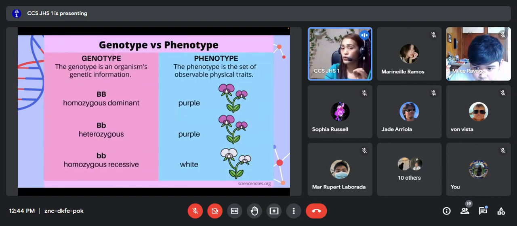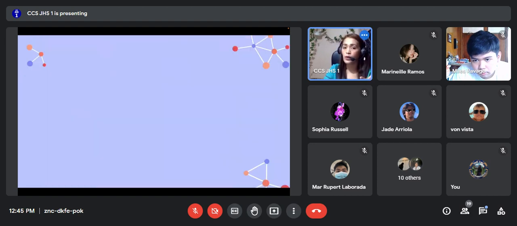So he was able to establish that when you talk about a characteristic, it can be expressed in 2 ways. We have a phenotype or a genotype. Now, here is a comparison between the two. On the left side is the genotype, and on the right side you have your phenotype. I believe these terms you have encountered in your grade 8. Am I right? So let us differentiate them.